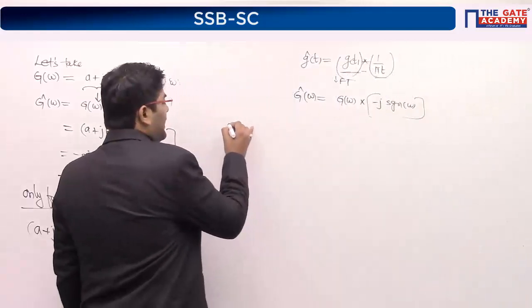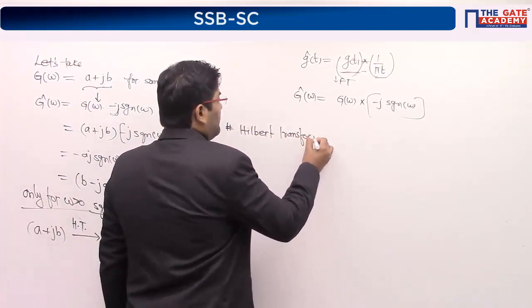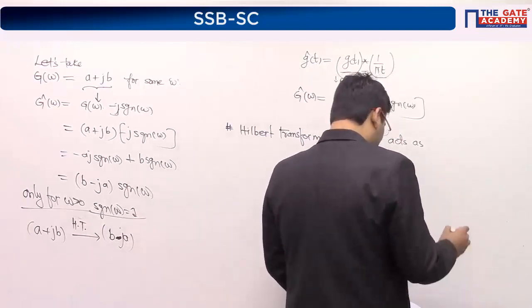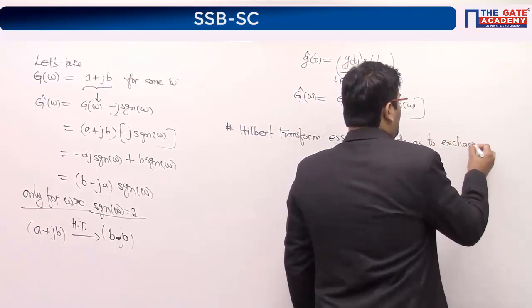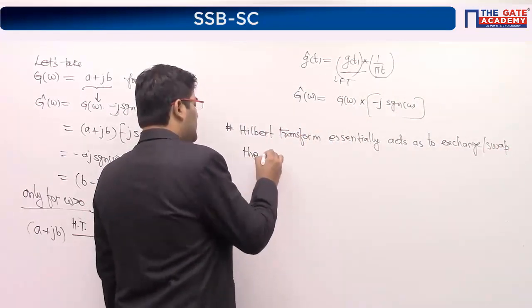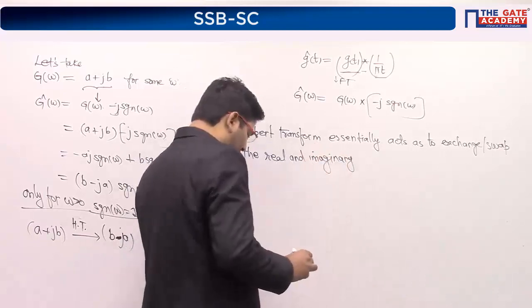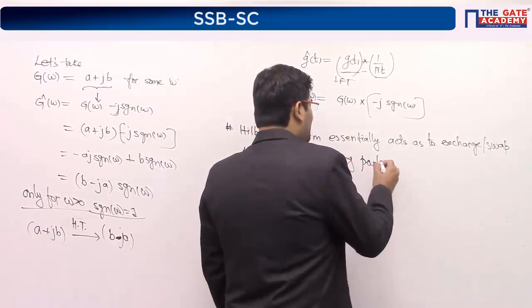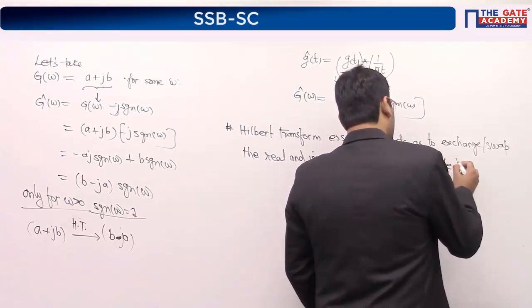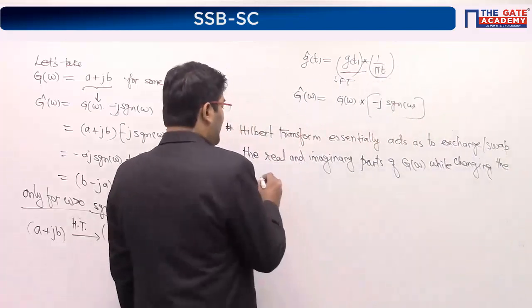Now write the note, or you can say the application. The Hilbert transform essentially acts to exchange or swap the real and imaginary parts of g omega, while changing the sign of one of them.